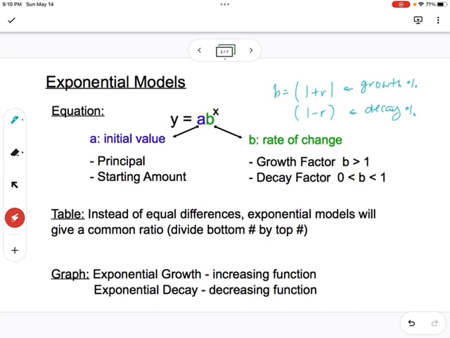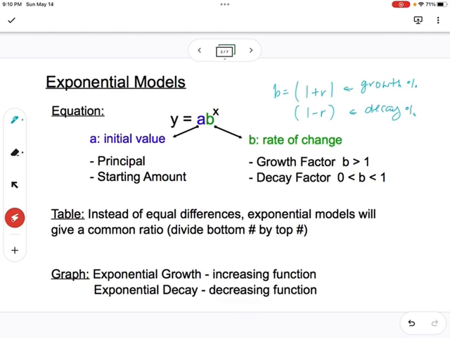Okay, so in a table, instead of equal differences, exponential models will give a common ratio, meaning when you're dividing the bottom number by the top number and continuing down the chart, those numbers will be the same. So when we have linear and quadratic, we have the first and second differences where we're subtracting.